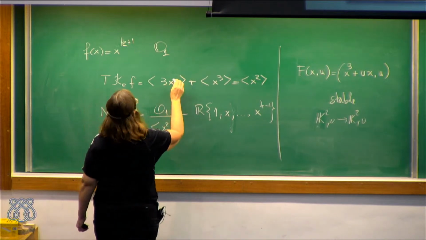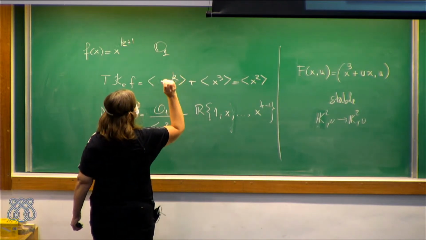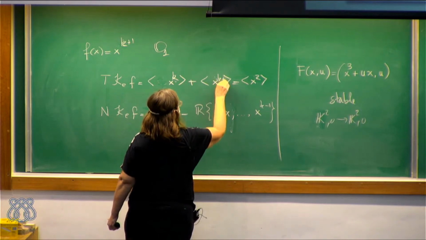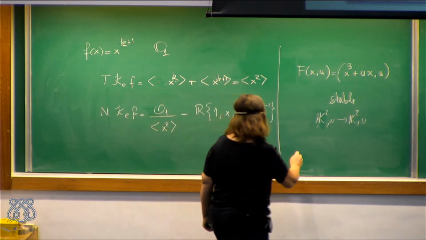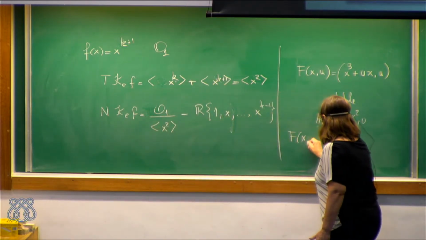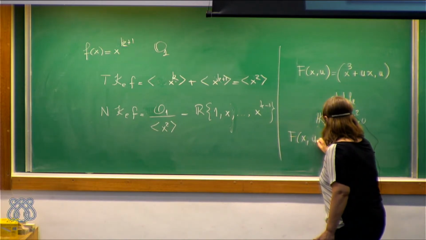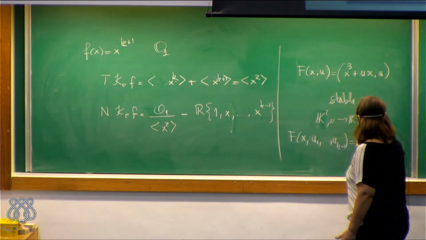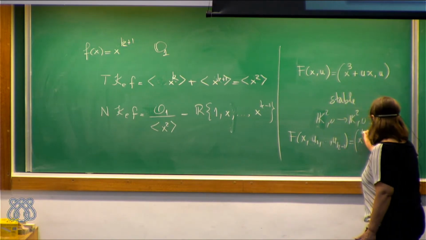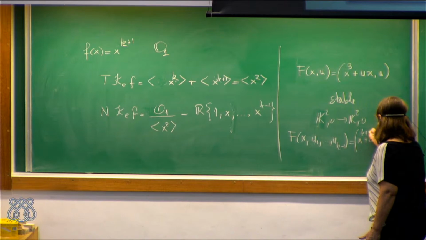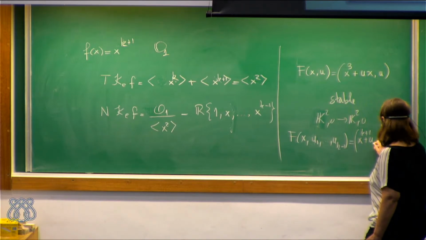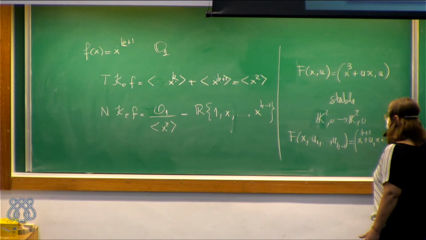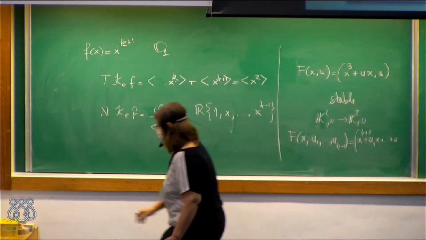So here is x^k, x^(k+1), and then you have y_1, up to y_(k-1). So it is x^(k+1), y_1, and so on.